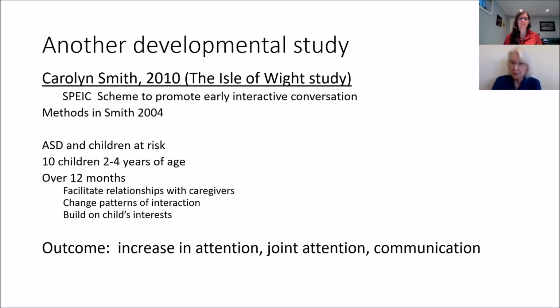It's from the Isle of Wight in England, and the name of the intervention is Scheme to Promote Early Interactive Conversation. The methods are described in the article from 2004, but their focus, again, was facilitating relationships with caregivers and using those same strategies, building on the child's interest. The outcomes, again, were great: increased attention, joint attention, and communication.